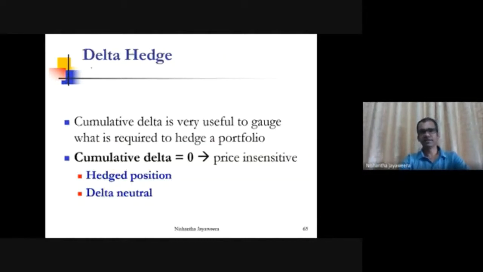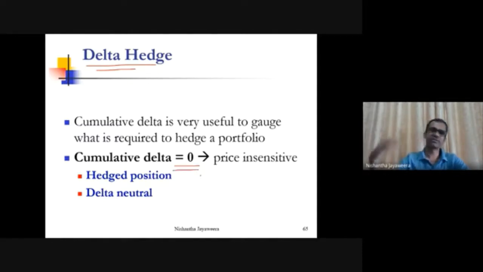In a delta hedge, we can use options to hedge our position. We try to keep cumulative delta at 0.